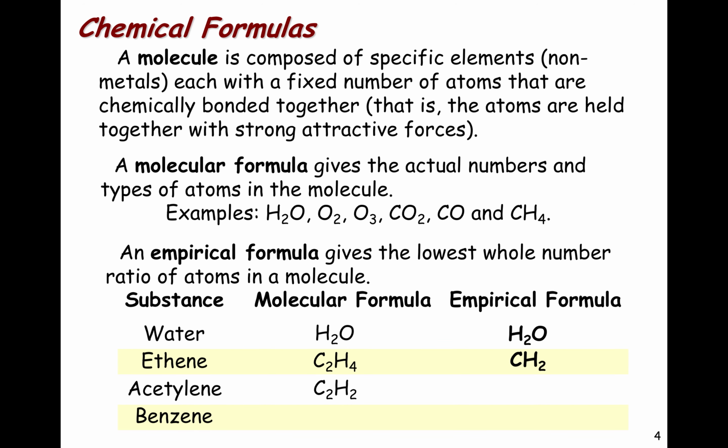So in this case, the empirical formula is just CH. And then finally, benzene is C6H6. Interestingly enough, the empirical formula for benzene is also CH. So both acetylene and benzene have the same empirical formula, but different molecular formulas.